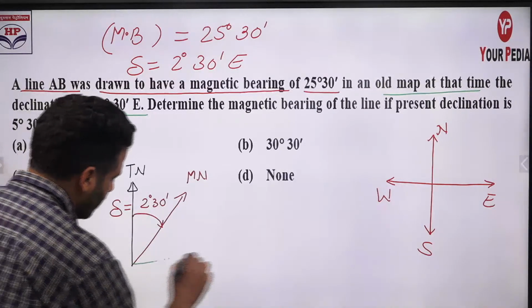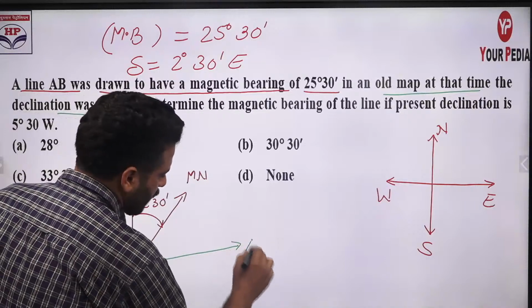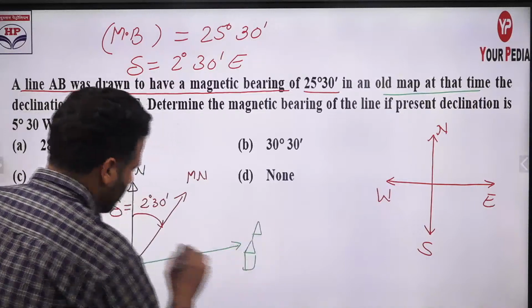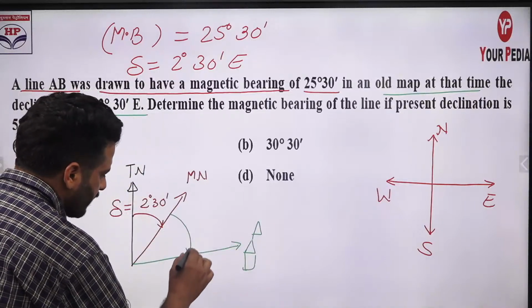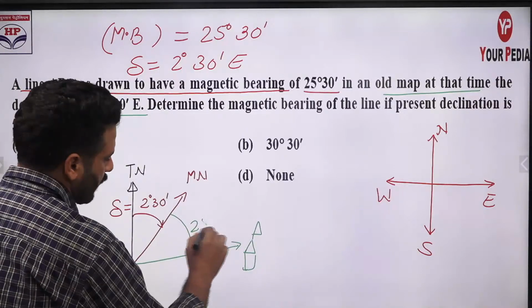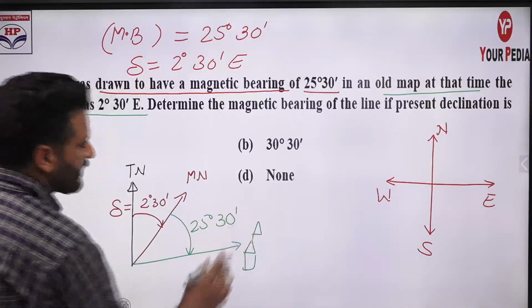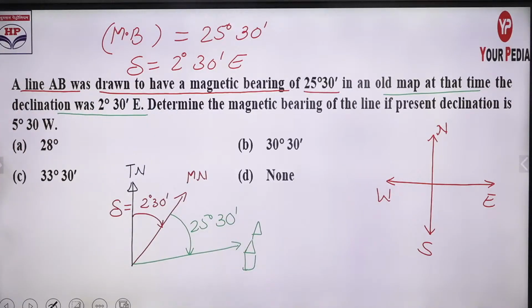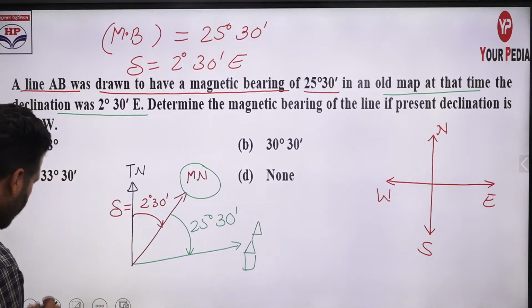Say an example, here we have some object and this angle from red to green is given to you guys in the question, 25 degree 30 minutes. This is the magnetic bearing. The angle of a line measured with respect to the magnetic north or magnetic meridian is your magnetic bearing. So this is given to you. So now have a look. What will be the true bearing?